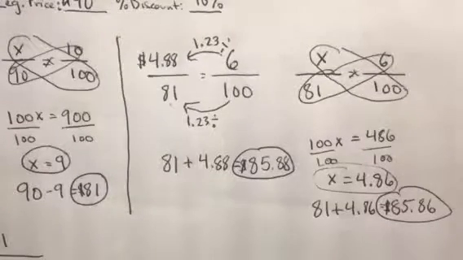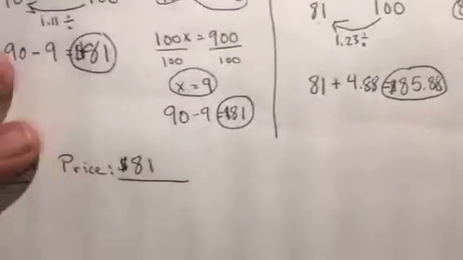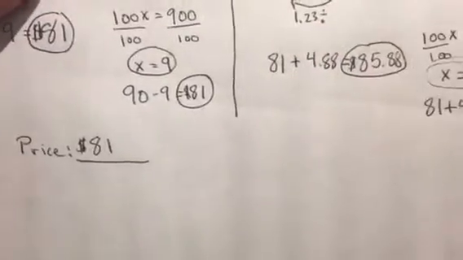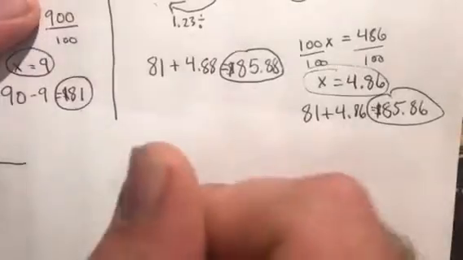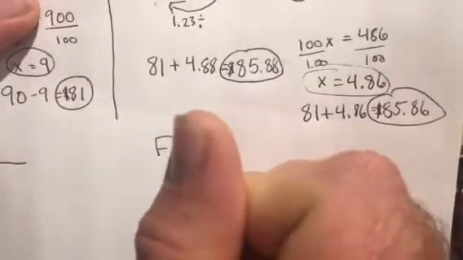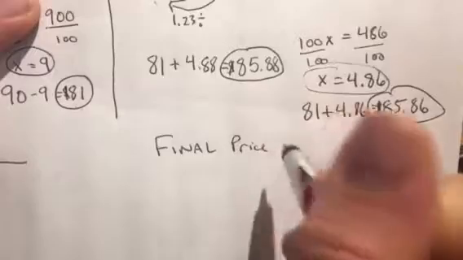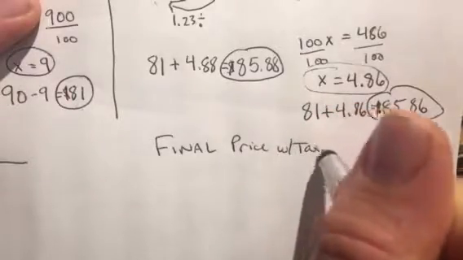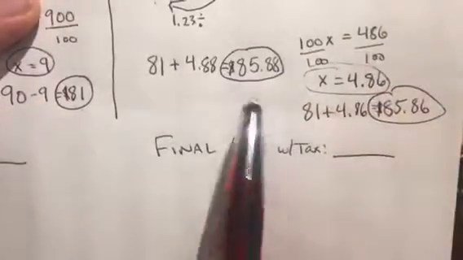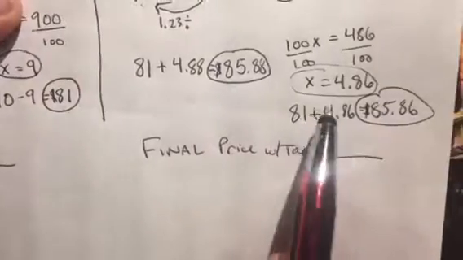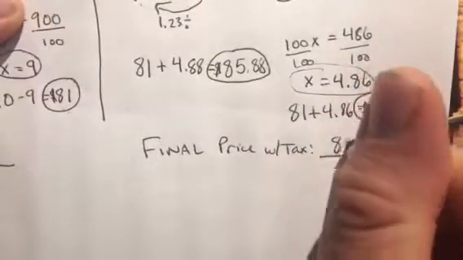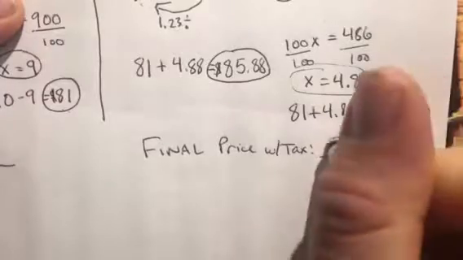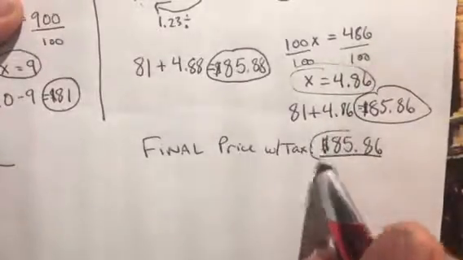So on your paper, you have the sale price, which is $81, and then you also have a space for your final price with tax. You could have said either one, $85.88 or $85.86. I'm going to say $85.86. And again, the only difference is because we rounded.